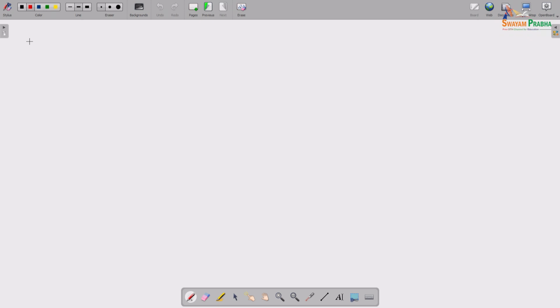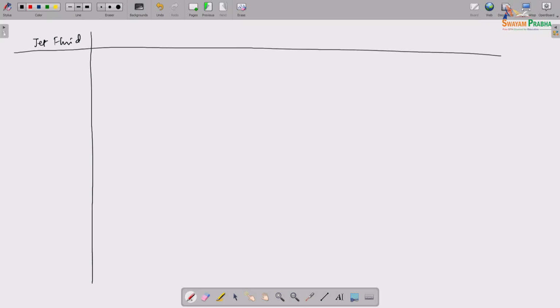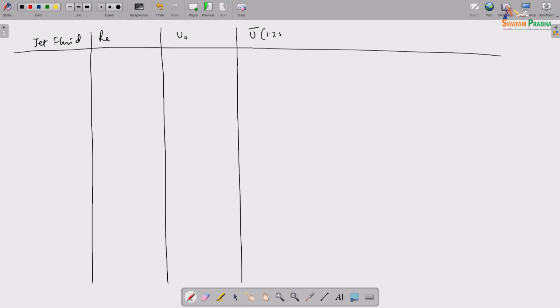So this is the jet fluid. Let's write out the Reynolds numbers, the centerline velocity, and now the mean velocity at 1.25 at this location.